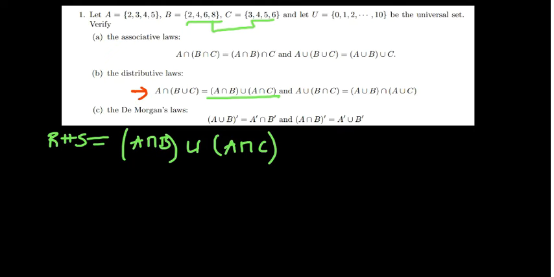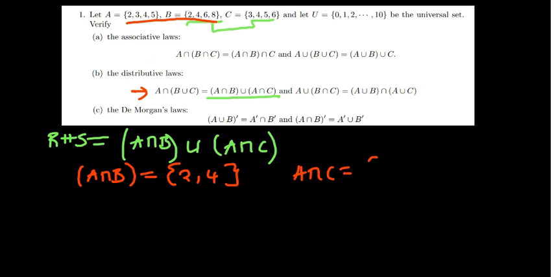The link is in the description about the laws on set theory. In this case, we've got 2 brackets, so I'll simplify them in the next step. A intersection B is equal to, what are the common elements between A and B? I can see 2 and 4. A intersection C, A and C.